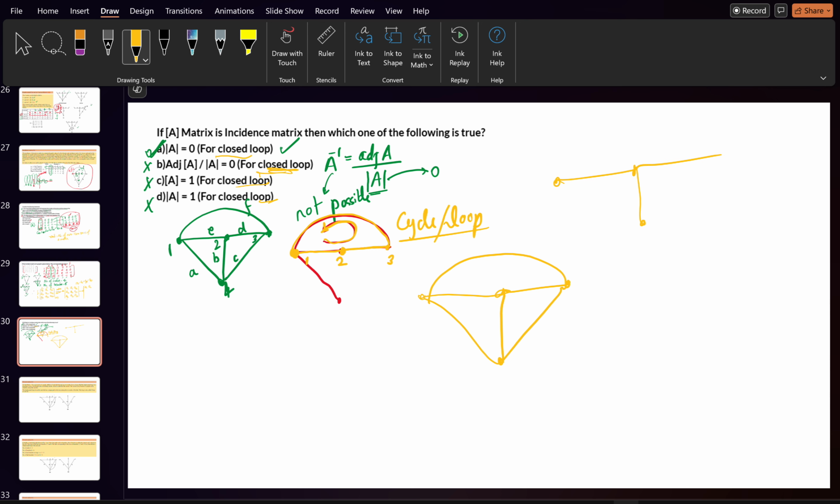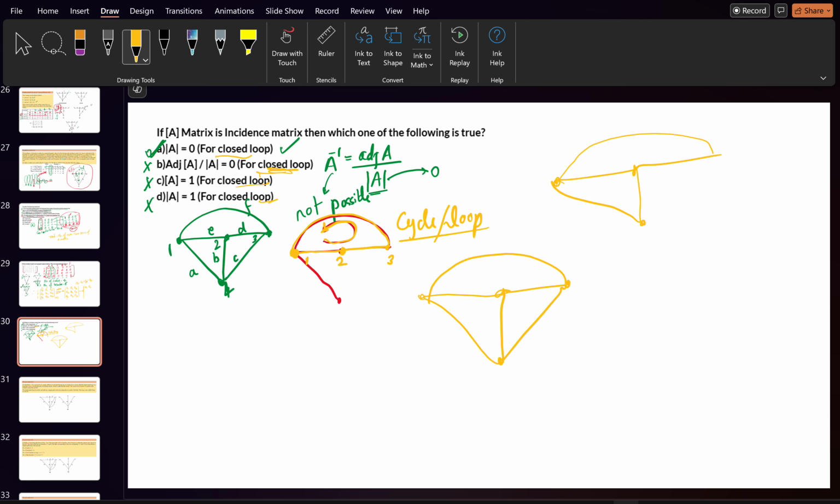Why? Because there are no interconnecting points between nodes one, two, and nodes two, three. So you cannot form the incidence matrix out of that, because you have to make the summation of all the columns equal to zero. That's why each node should be connected to one another.